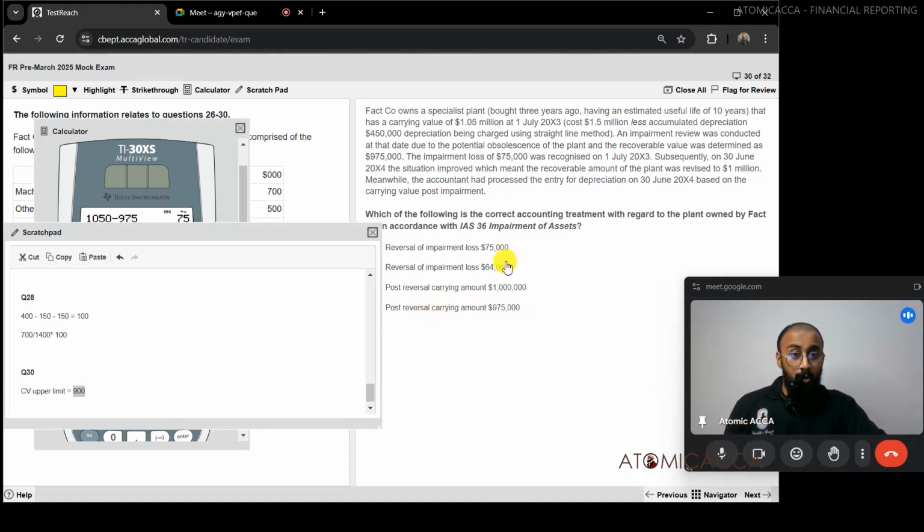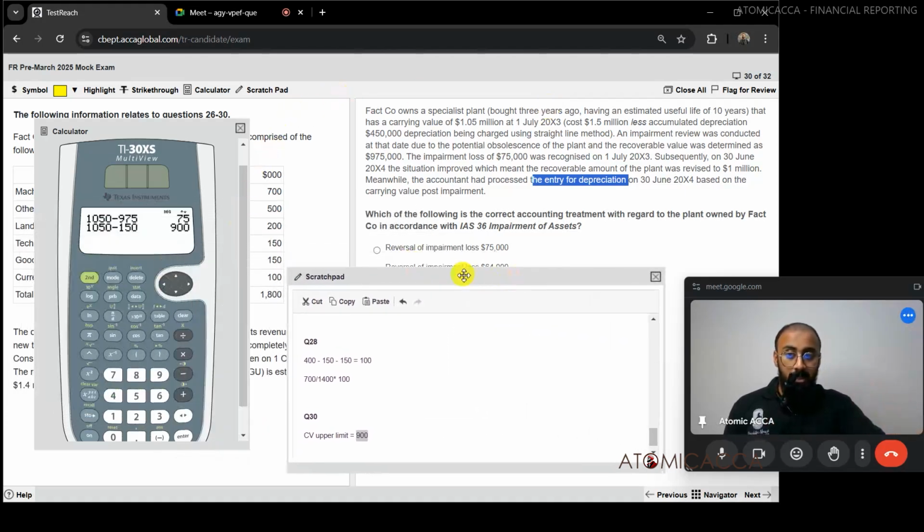Now we have to see how much reversal of the impairment loss is happening, how much gain should be recorded. For that, it was said that at the beginning of the year impairment happened and it is 975,000. It is said that they had processed the entry for depreciation. So from the year beginning, now we have to pull it down by 1 year of depreciation. How much life was remaining at that date? 3 years were done, so 7 years is remaining.